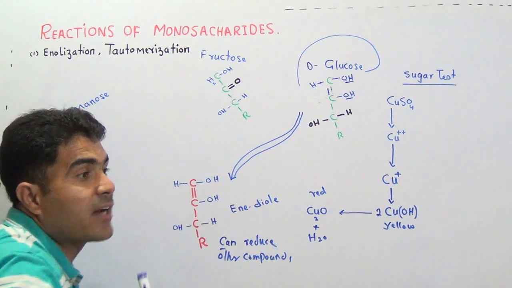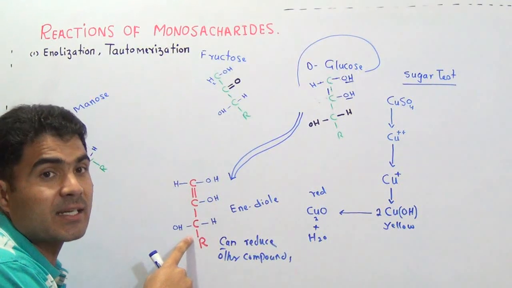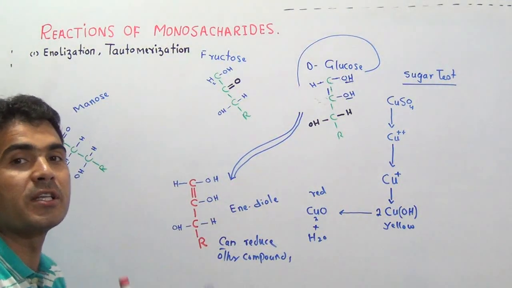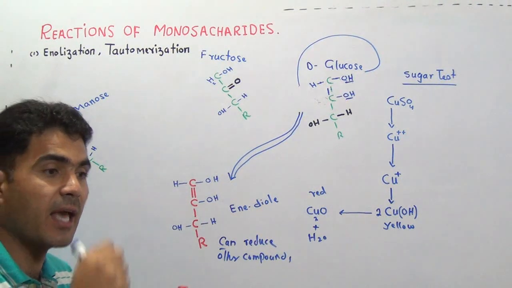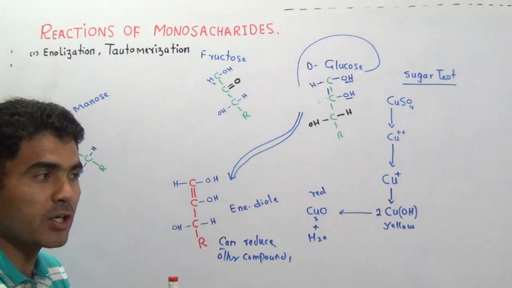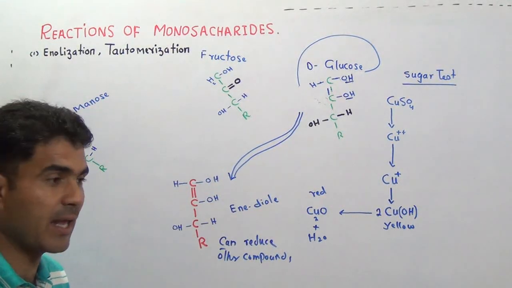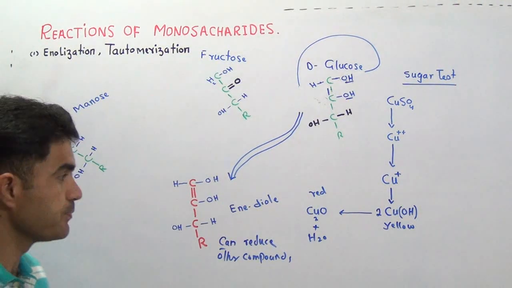It can give electrons to others, meaning it can reduce others, so it can act as a reducing agent. That is why we say the reducing property of monosaccharide. All monosaccharides have the ability to reduce some other compound. All monosaccharides can act as reducing agents.